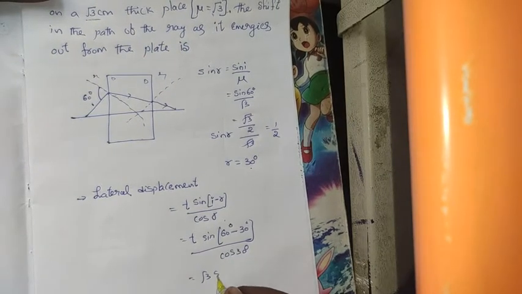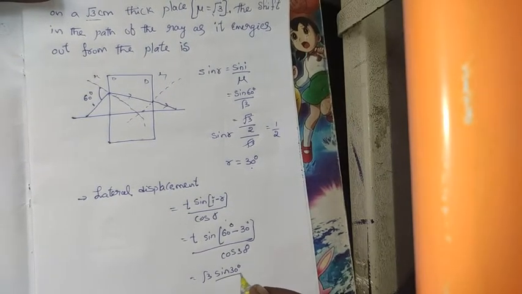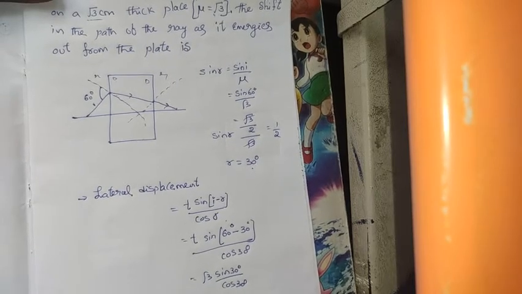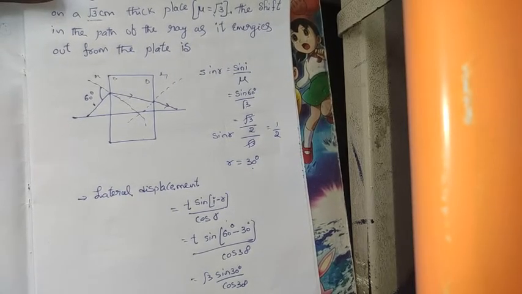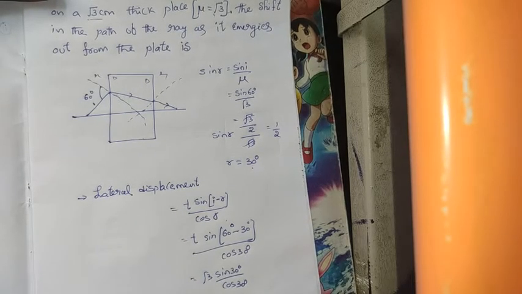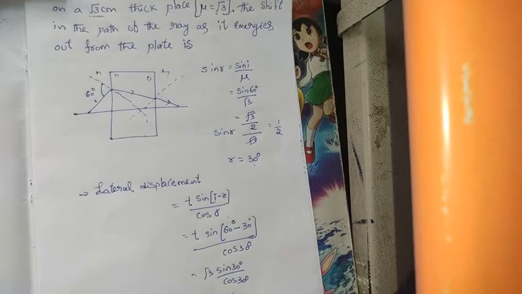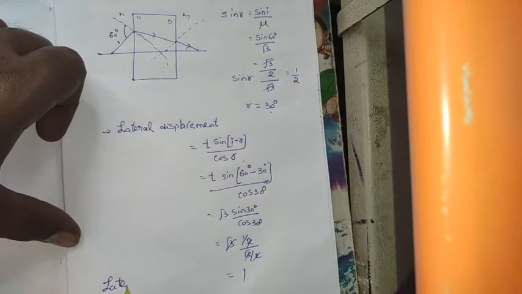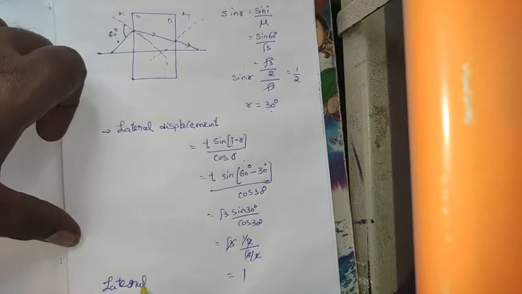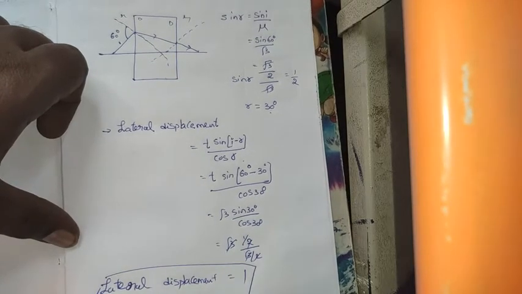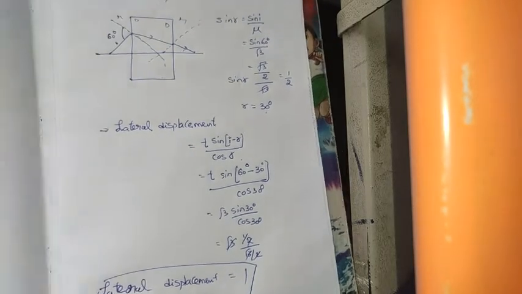So root 3 times sin 30 degrees by cos 30 degrees. Sin 30 is 1 by 2 and cos 30 is root 3 by 2. The 2s cancel each other, and the root 3s cancel each other. We get 1. So the lateral displacement is 1.